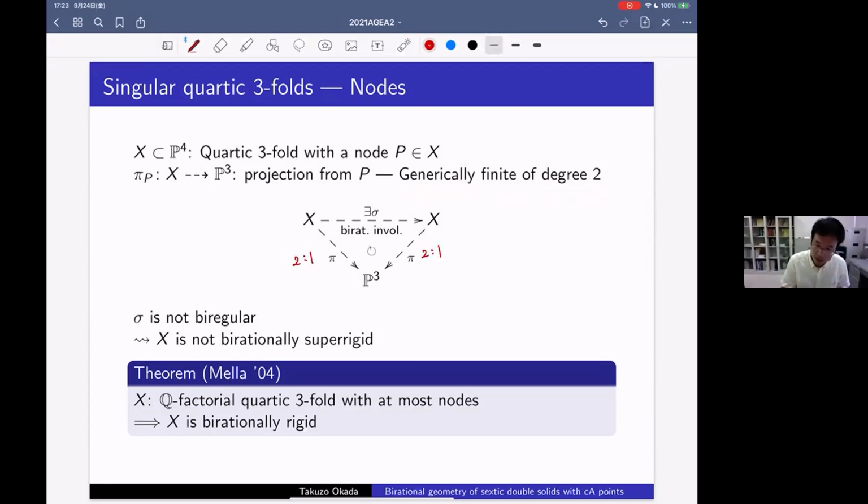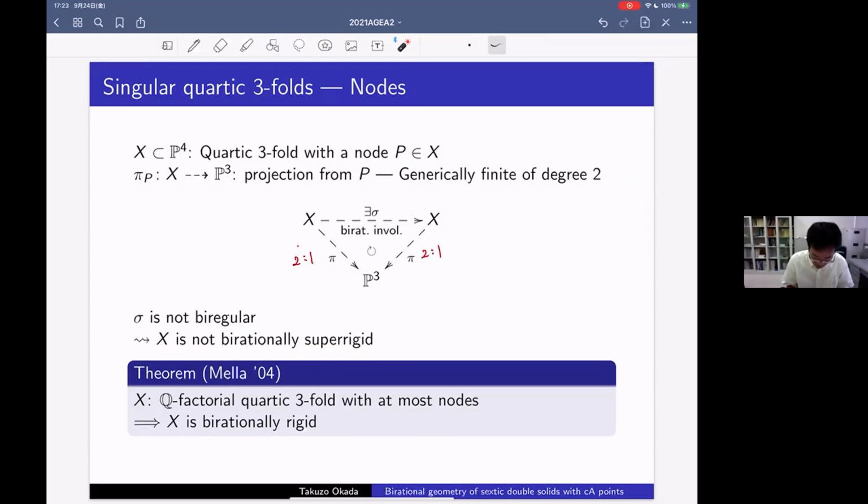So we have a birational involution interchanging these 2 points in the fiber. And this is not a biregular automorphism. So X is not birationally super rigid.